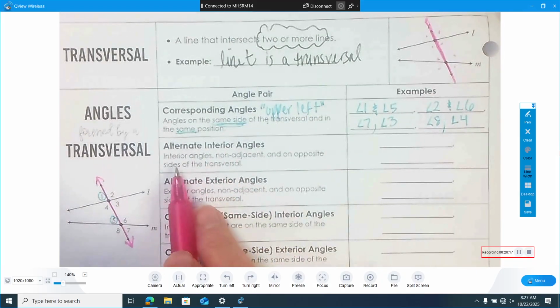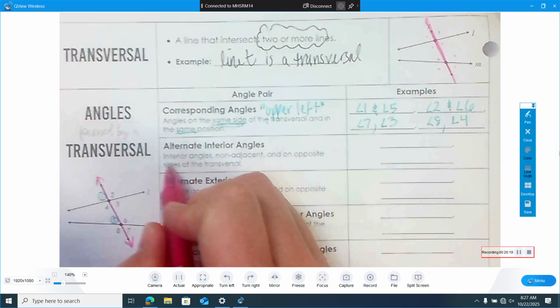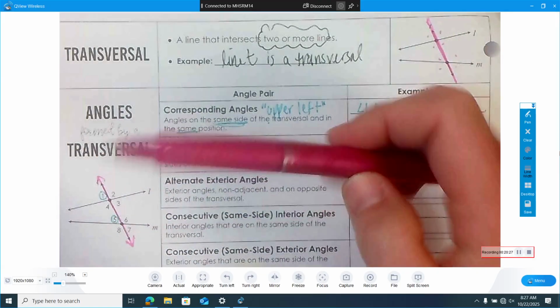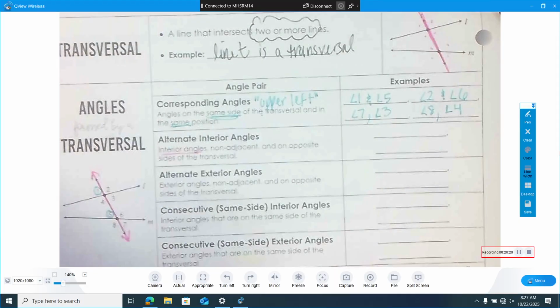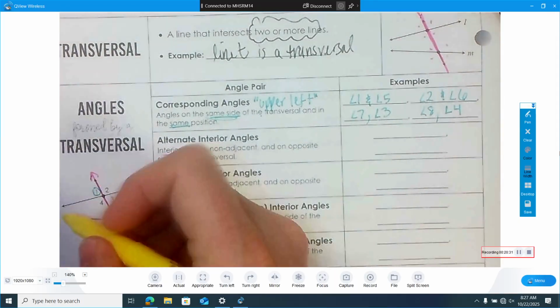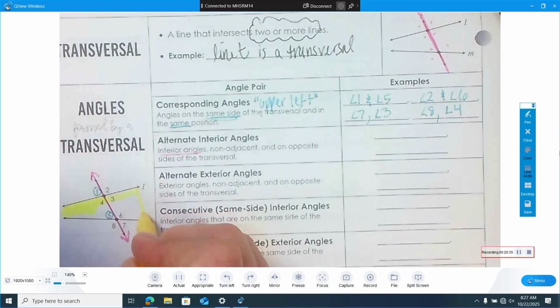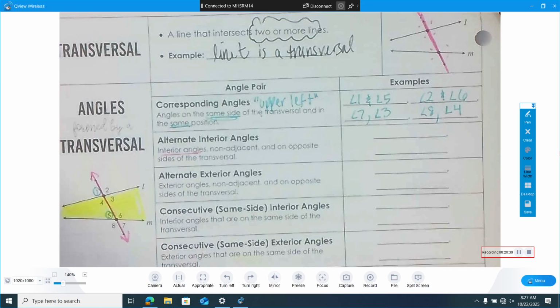Alternate interior angles are interior angles, interior. What are we between to be inside something? The two lines. Inside the two lines, absolutely. We crossed two lines. So everything in between those two lines is what we would call the interior, right? Does that make sense to you? Yeah?